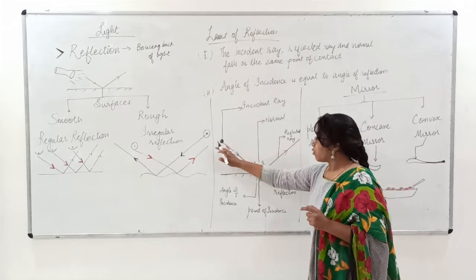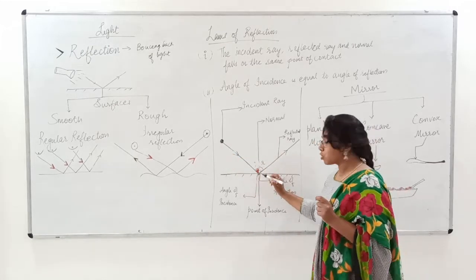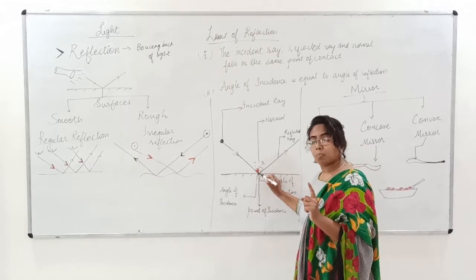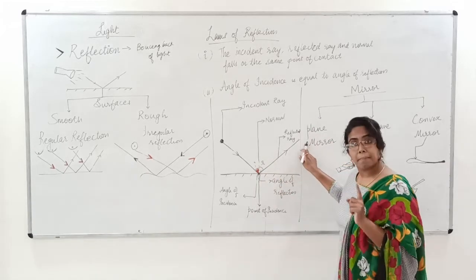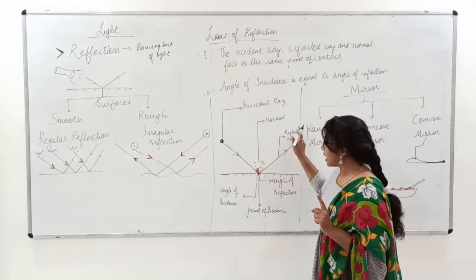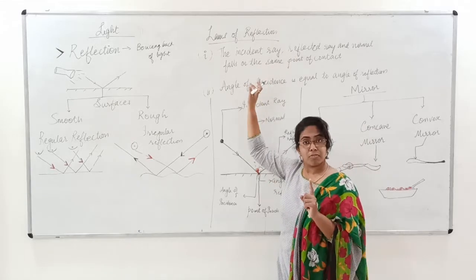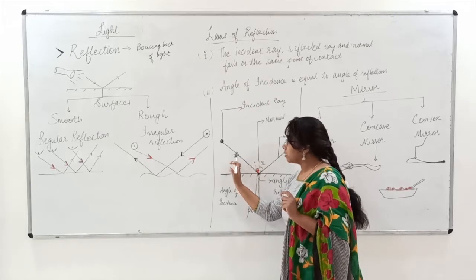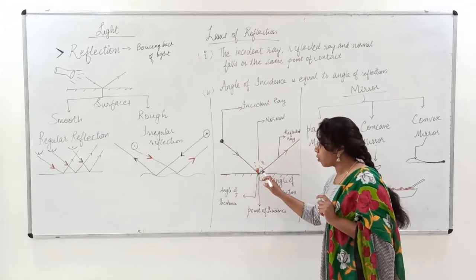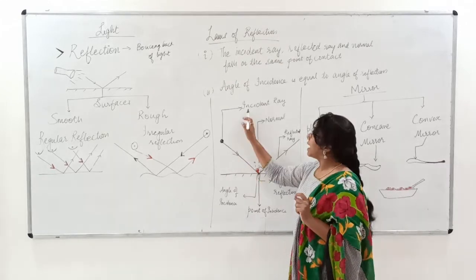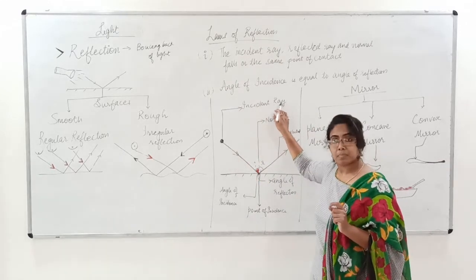As the light falls on the surface, it creates a point, and after that it bounces back. Now what are these lines? Let's learn in detail, and then we will come to the law of reflection. The ray, the line which falls on the surface, we call as the incident ray.